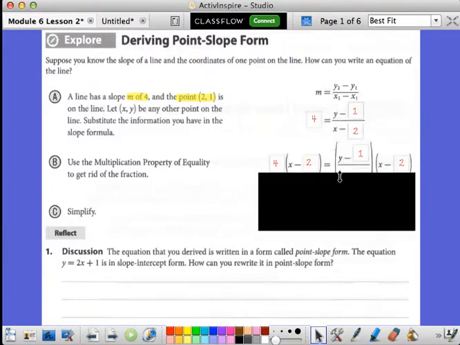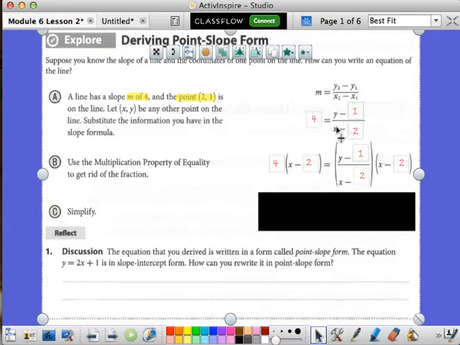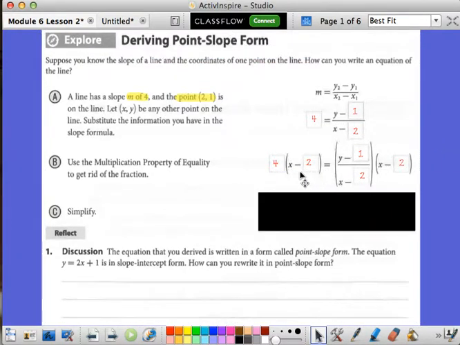Going from there, I know that I can multiply both sides by x minus 2. If I want to get rid of the division problem, I want to move this over to the side.